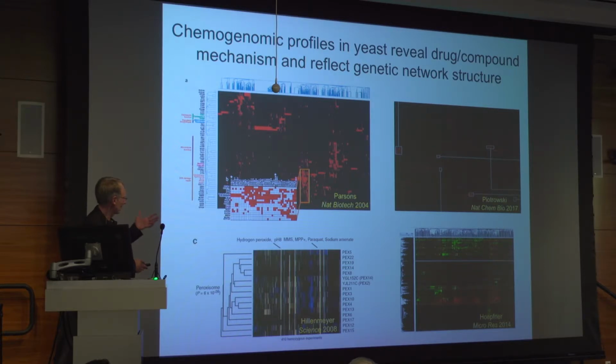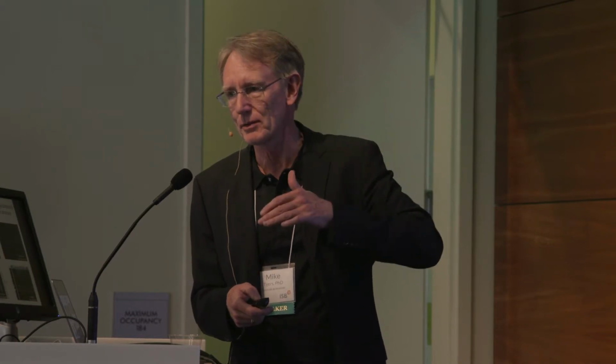These screens have proved incredibly informative simply by correlating the patterns of gene deletion sensitivity or resistance to a particular perturbation, and then clustering those profiles to identify not only the effects of a drug on different sets of genes, but also to correlate genes across that perturbation network to infer gene function.